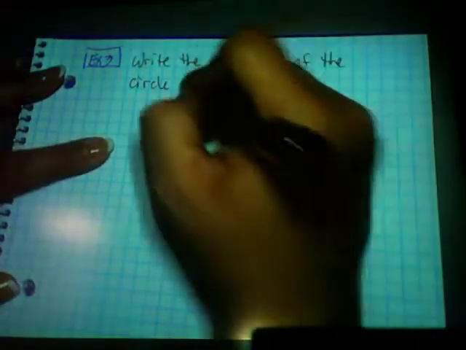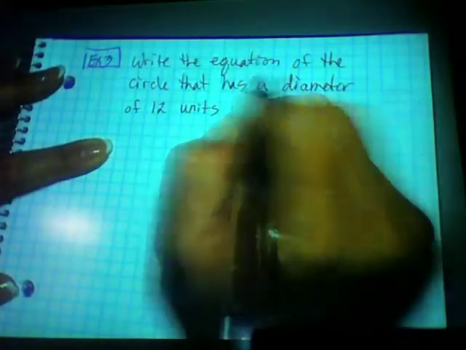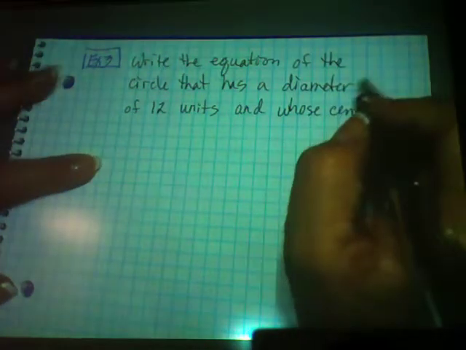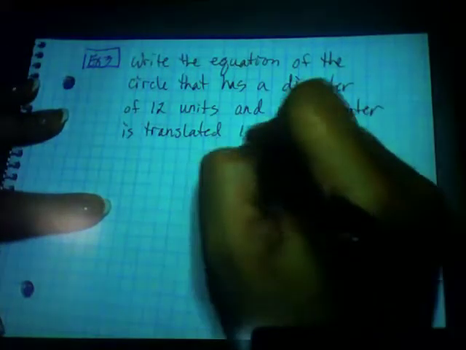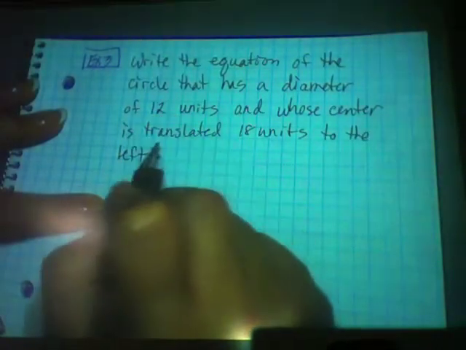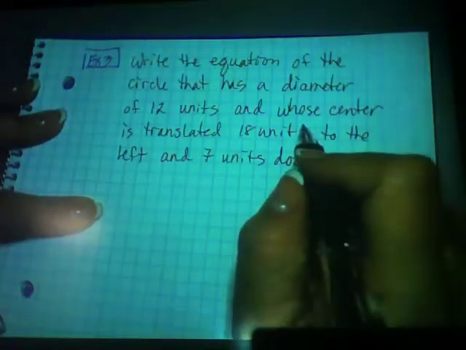Write the equation of the circle that has a diameter of 12 units and whose center is translated 18 units to the left and 7 units down from the origin.